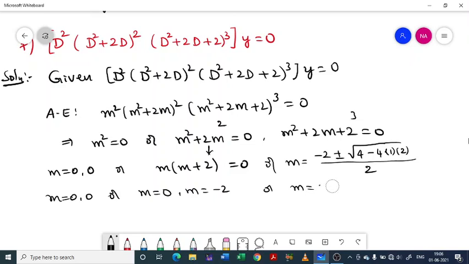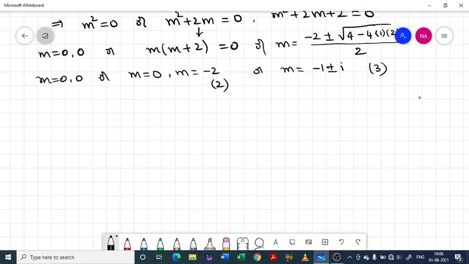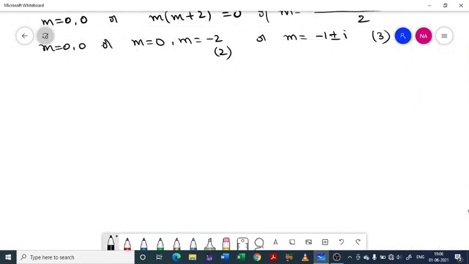If you simplify this, it will be actually minus 1 plus or minus i. See, this repeats 3 times, this repeats 2 times. Here we have already written 0, 0. Now write the solution carefully.